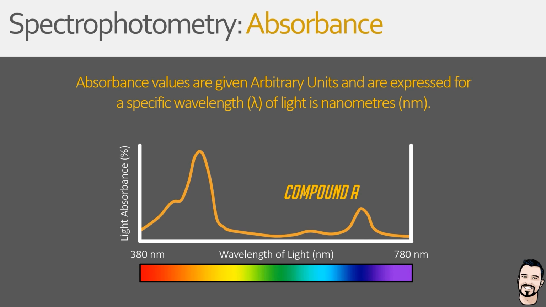Where we have this trough in the data, this would indicate that this wavelength of light is not being absorbed by our compound, and therefore it passes through our compound and into the detector. And so with an absorption spectrum like this, where red, orange, yellow and blue light is absorbed and green is not, compound A will appear green in colour.